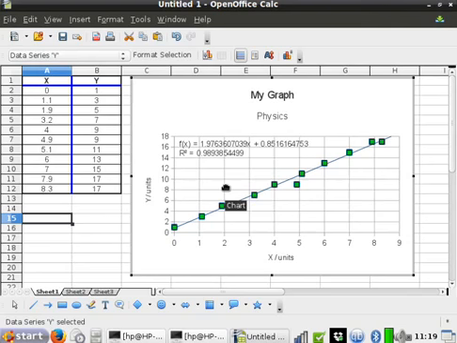But if you don't see those options, don't worry, I just want the line right now. Some people will have a little plus sign here, and some people might have it in the menu up here. So I'll give you a minute to try and find it. This is called the trend line.